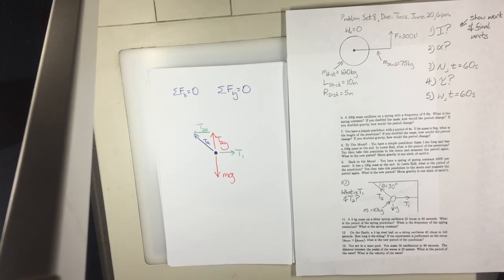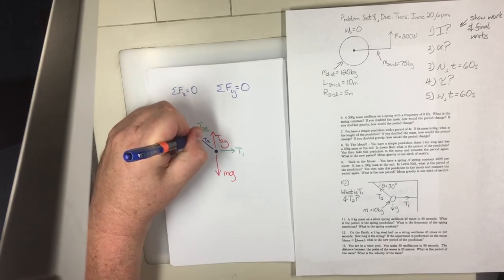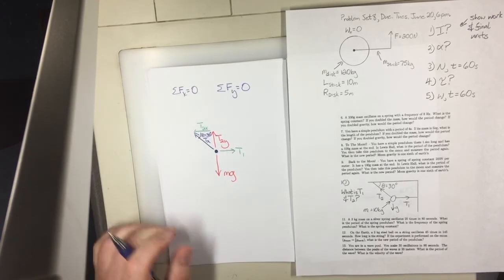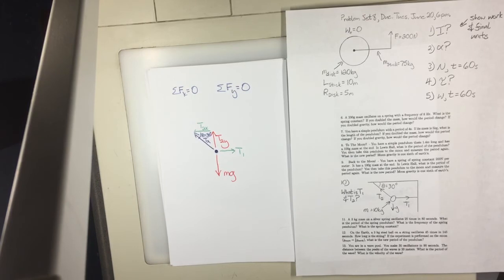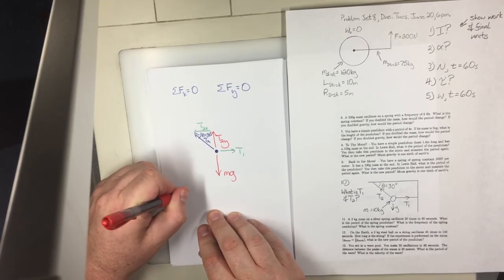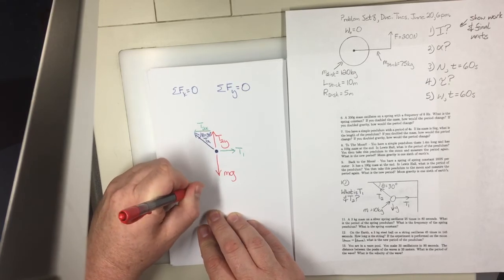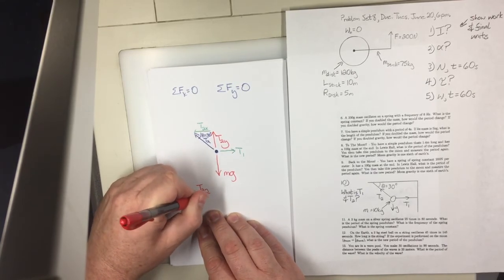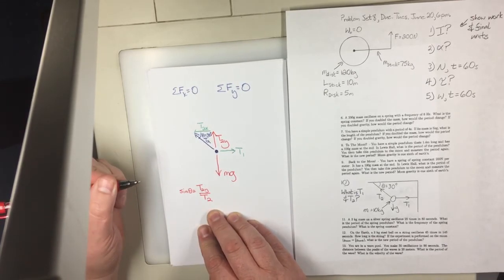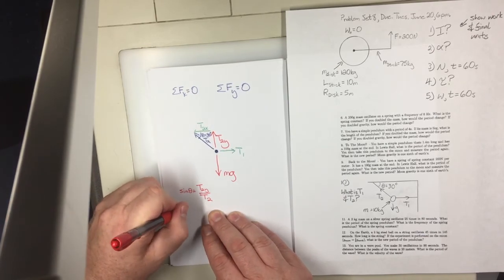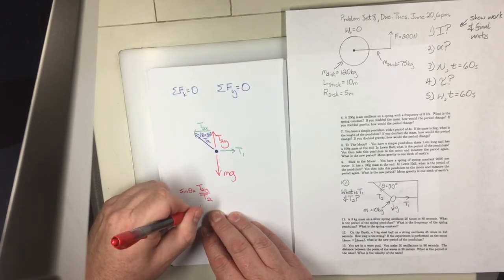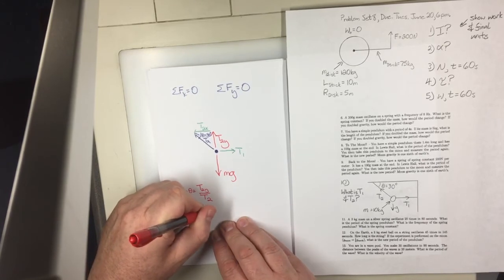Now if, which it is, this angle is 30, then we know some things. We know that sine of theta is opposite over hypotenuse. So T2y is equal to T2 sine theta.